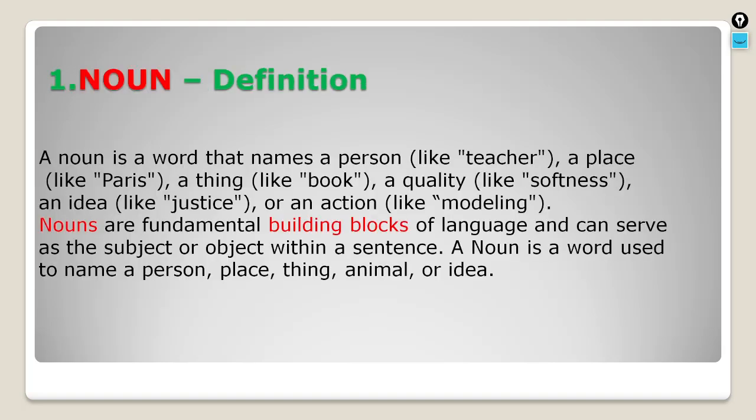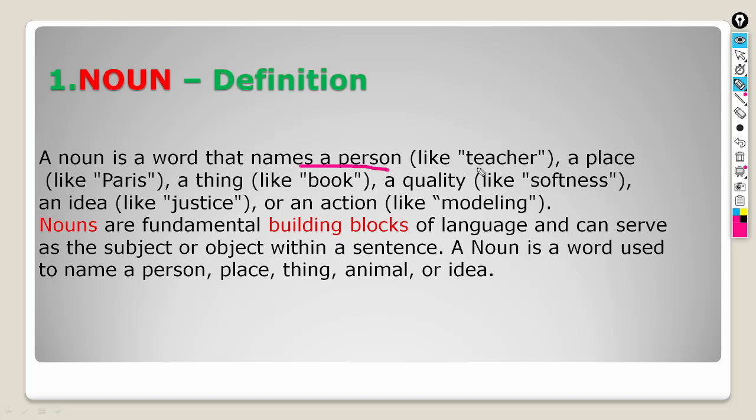Now, a noun is a word that names a person like the teacher, a place like India, a thing like the laptop, a quality like sacrifice, an idea like justice, an action like playing.